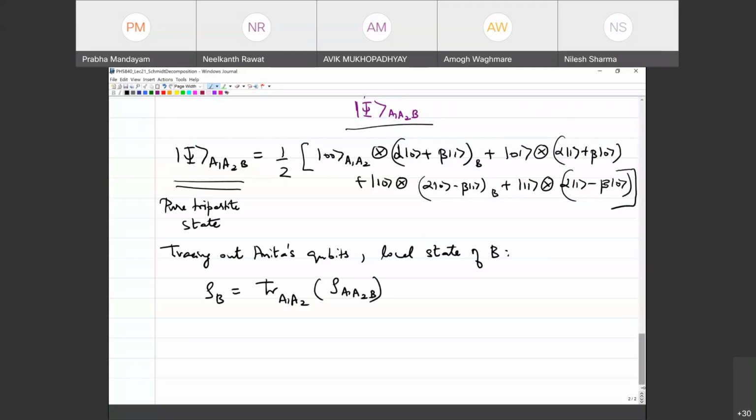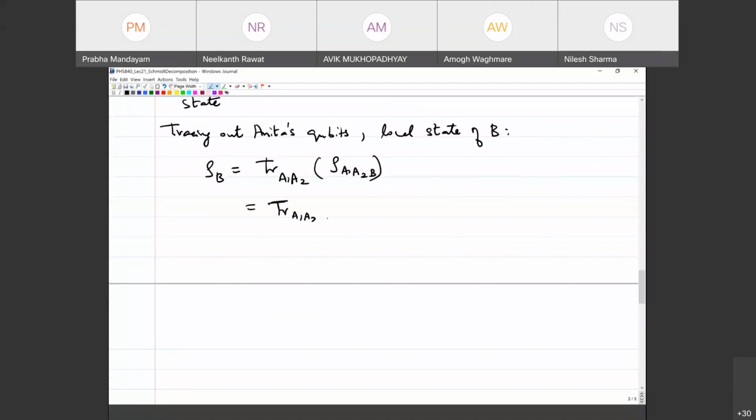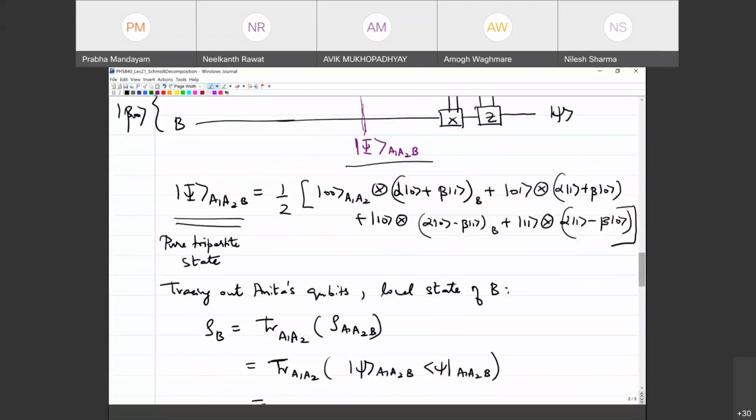Now, I need you to work this out with me very quickly, okay? This will really tell you if you've understood the idea of partial trace or not. So this becomes psi A1, A2, B, psi A1, A2, B, okay? Now, I can give some name to these four states just to make my life easier.